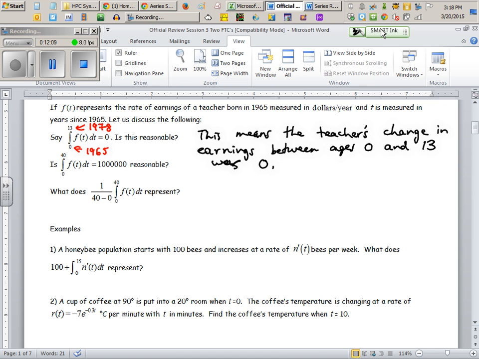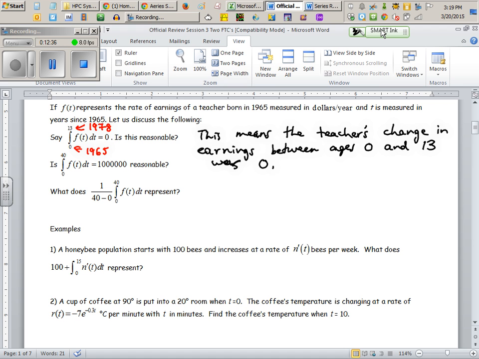The change was 0. So I guess it doesn't necessarily mean they didn't get any allowance. It just means that maybe it never changed. Their change in earnings was 0. Right? So maybe they got $5 a day every day, or $5 a week just from their parents every single week until they were 13 years old. The change in earnings is 0, right?